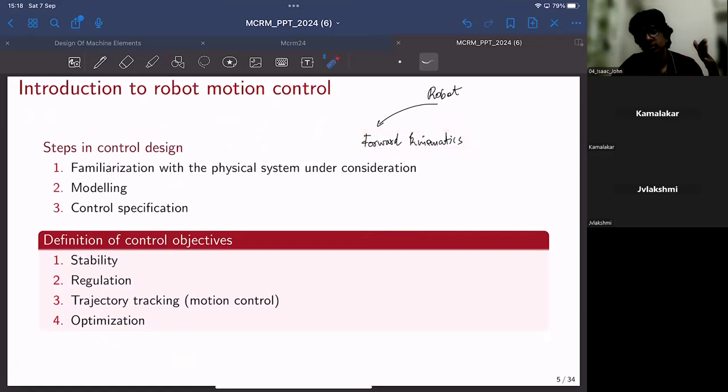You can use the algorithmic procedure of the DH convention. You can have this entire set of transformation matrices, and if you multiply the individual transformation matrices, you will ultimately get the forward kinematic model. And if you simply play with the joint variables, you can see how the robot actually moves.